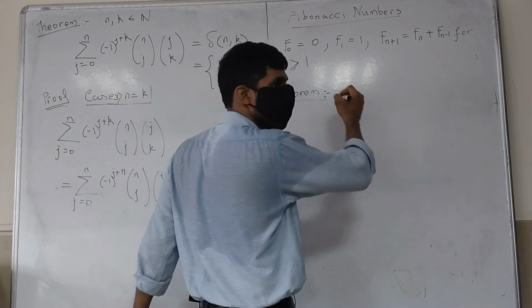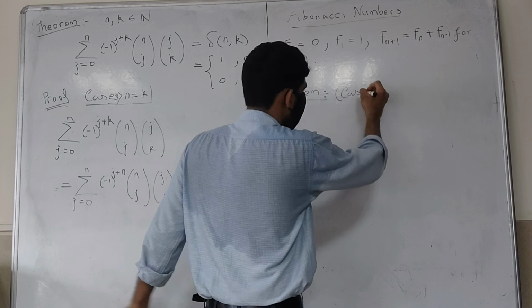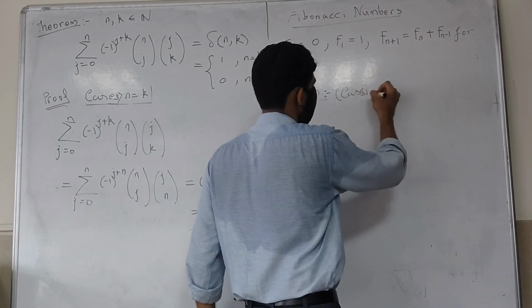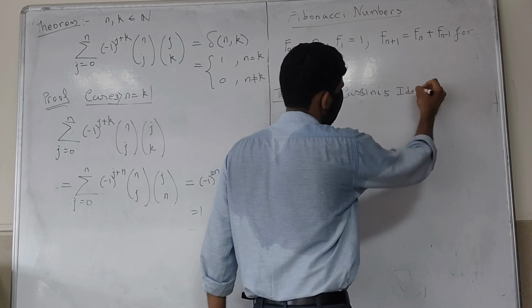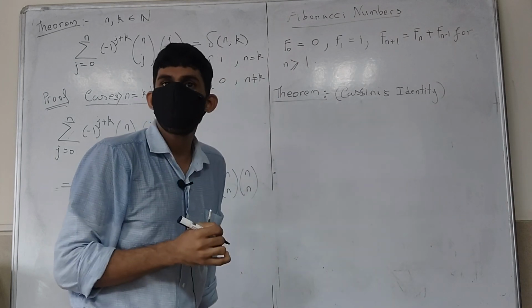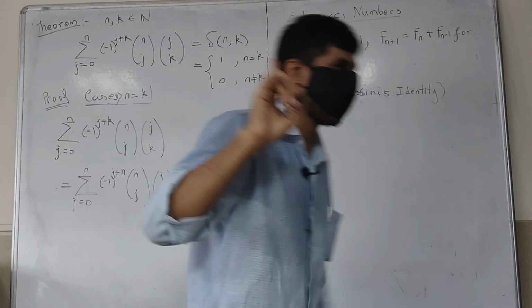This is called the Cassini's identity. The Cassini's identity tells us something interesting about fn and f(n+1).